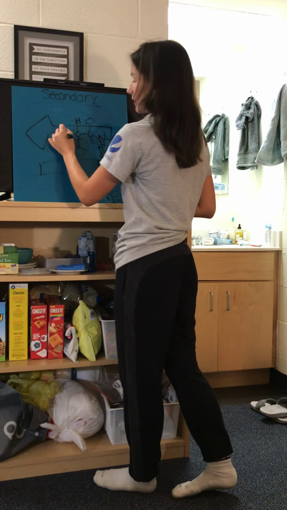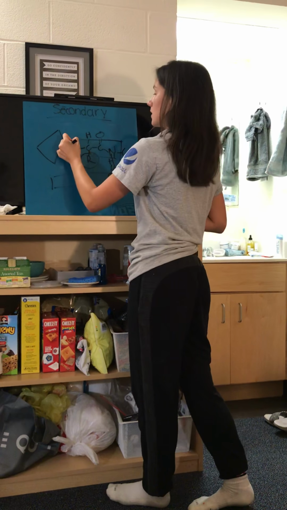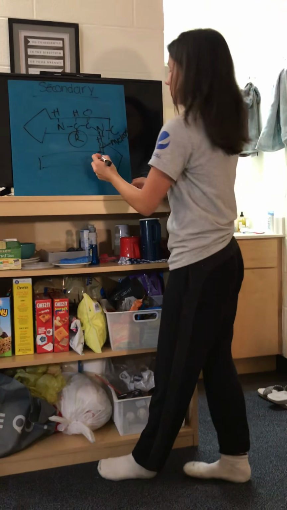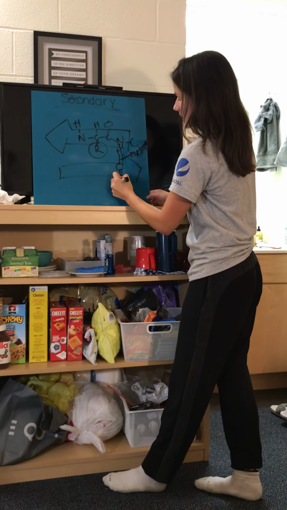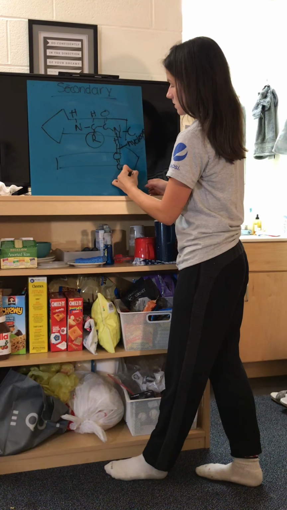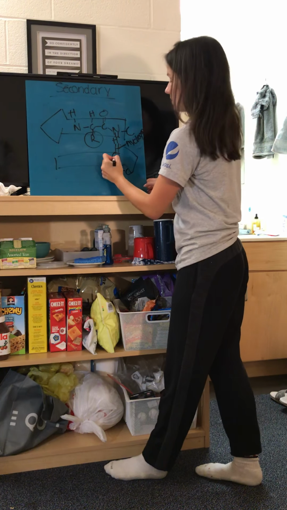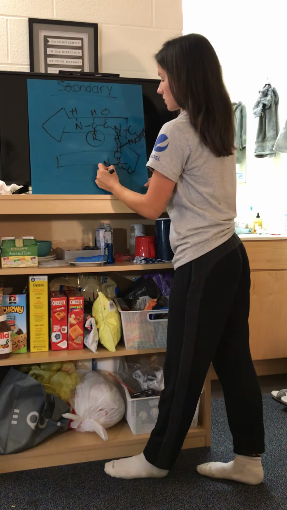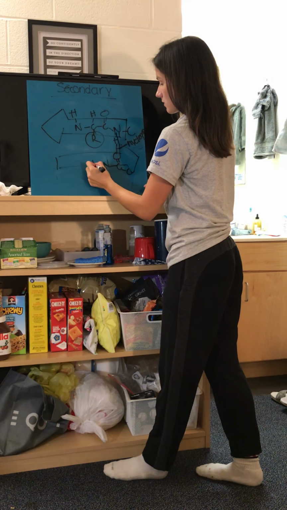And you have N and H. Again, I'm not doing a complete diagram, but you will be able to see what it kind of looks like. And then N, H over here.